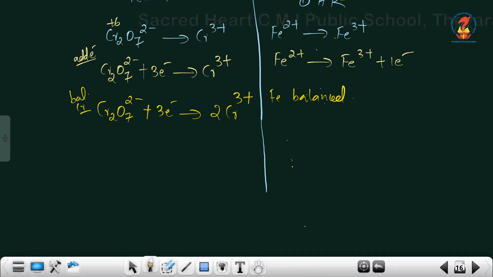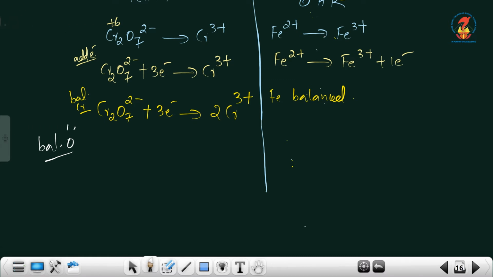Look at this reaction to balance oxygen. How can we balance oxygen here? Check the number of oxygen atoms on the right hand side and left hand side. Here on the left hand side we have 7 oxygen. On the right hand side there are no oxygen atoms.